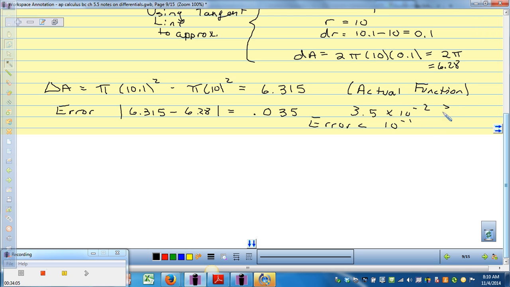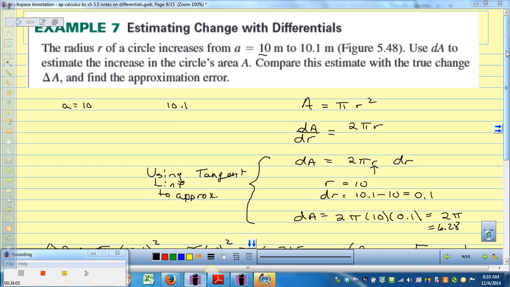And this is the difference between the two. Okay? So you can just use the change in x values as the dx? Yes. All right, anything else on this one? And remember that change in x, or change in r in this case, will be the same for the tangent line and the actual function. Okay.